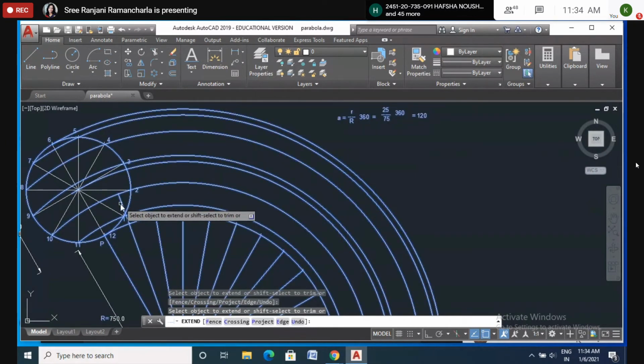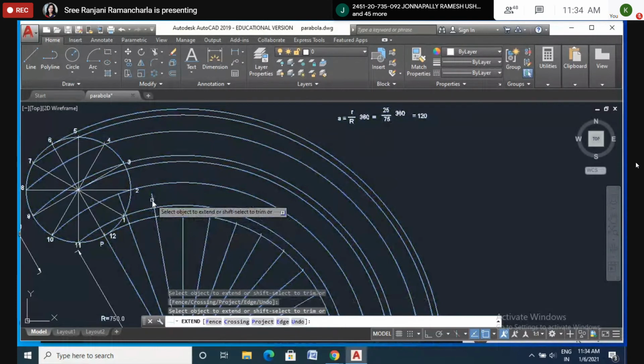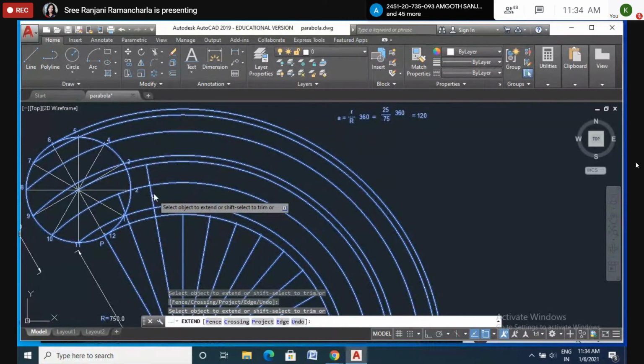It is not extending here. Let me see. Yes. So you also please extend in this way, up to the center line only. See carefully, this is the center line, up till here only. Don't extend beyond that.